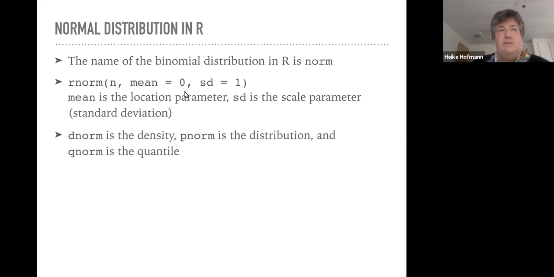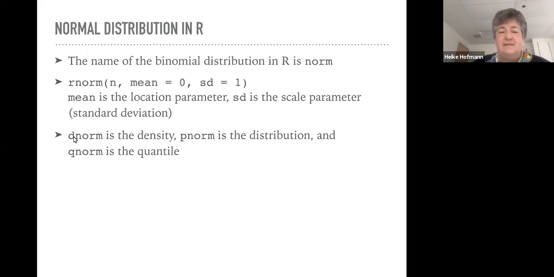Just note how this random generator is parameterized. So this mean is the location parameter, so that is mu. sd stands for the standard deviation, and that means sigma, not sigma square. So it's not mean and variance, it's mean and scale.